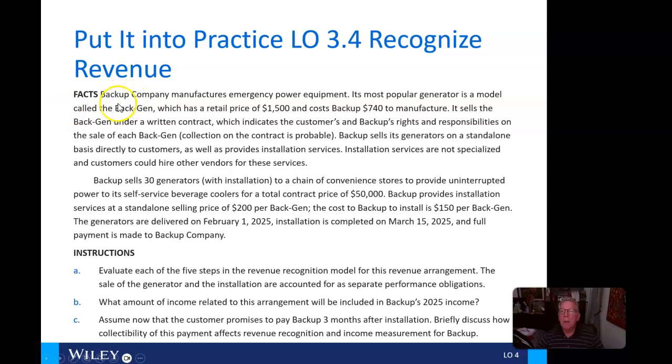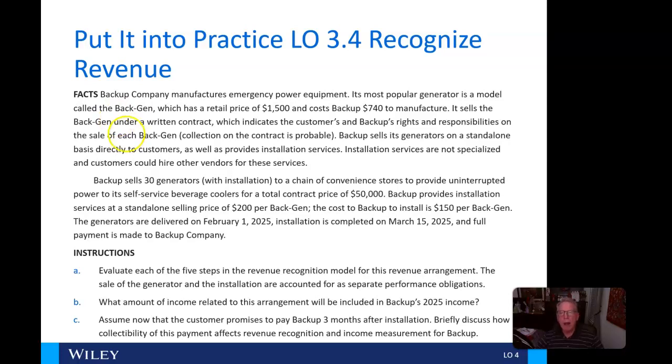Backup Company manufactures emergency power equipment. Its most popular generator is a model called the Acctg, which has a retail price of $1,500 and costs $740 to manufacture. It sells the Acctg under a written contract, which indicates the customer's and Backup's rights and responsibilities on the sale of each Acctg.